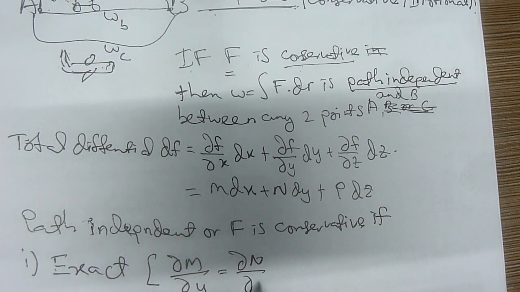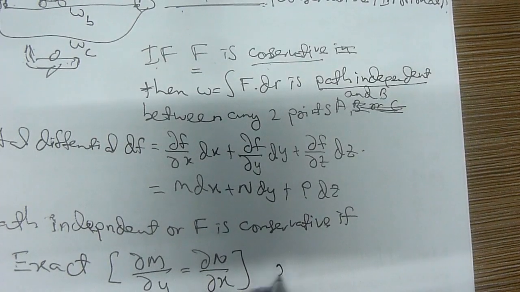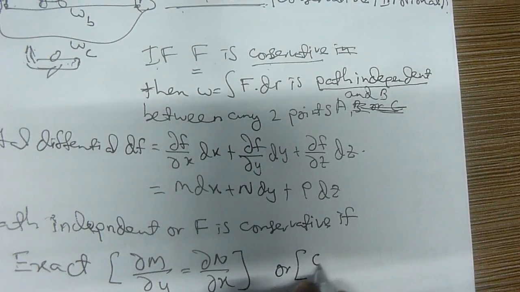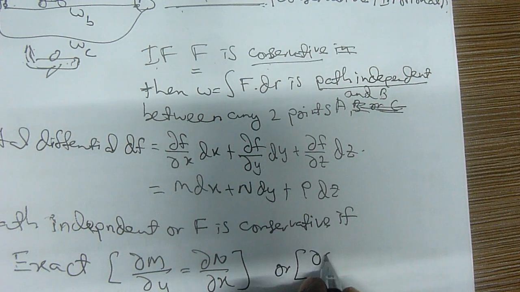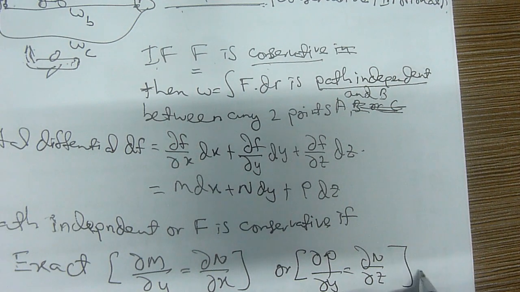Del N del x equals del M del y, or if you use dz, del P del y equals del N del z for the 2D case.